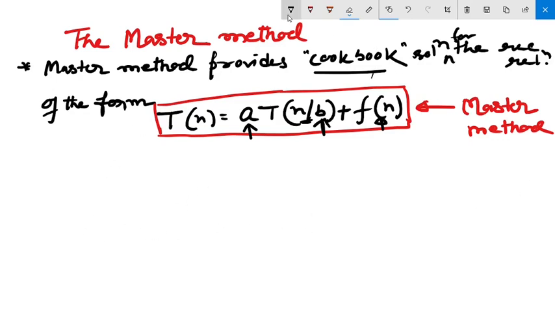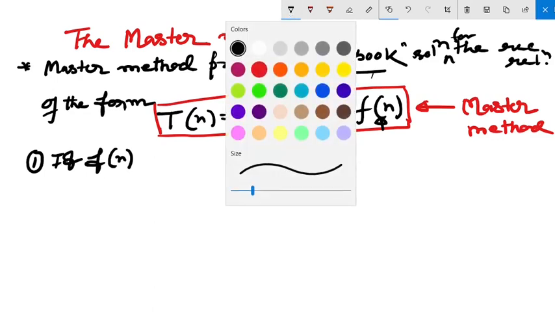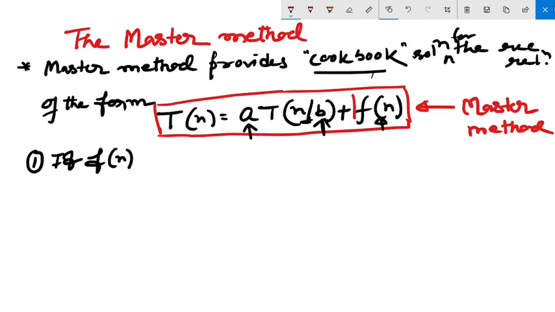What are the 3 steps? Number 1: if f(n) equals, which one is f(n)? In case of the master method, your eyes should always be first on this portion, f(n). Remember that you should look at f(n) first.